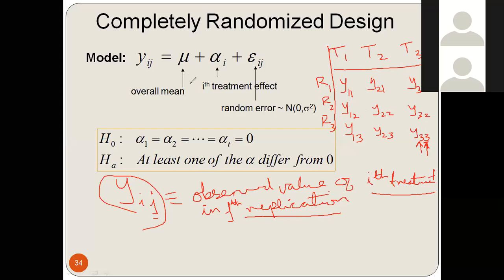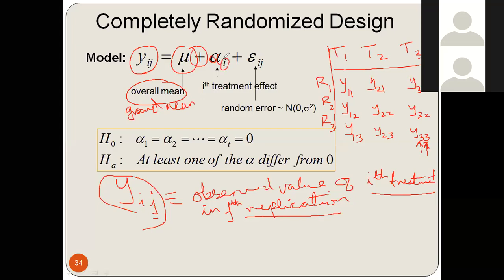So each observation is equal to the grand mean, sometimes called the overall mean, grand mean plus the treatment effect.